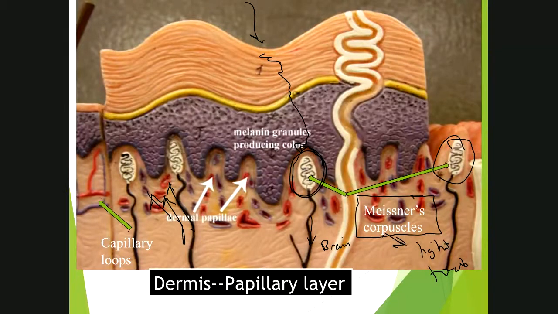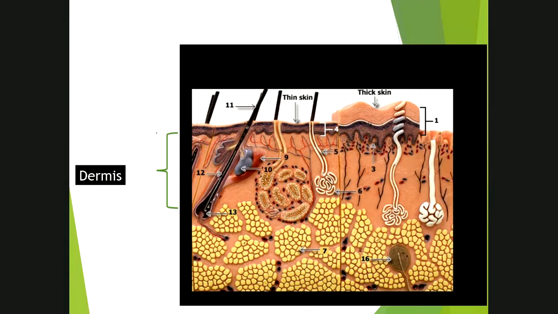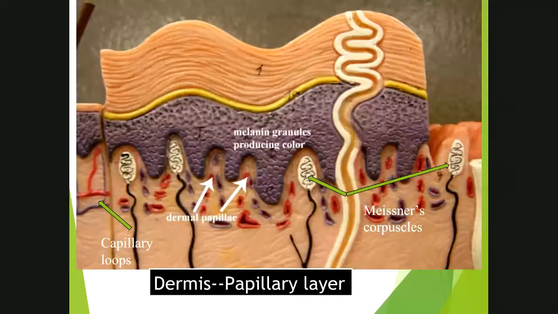Well, if we go back to this other picture, we have them all over our body, but they're in high concentrations in places like our fingertips. And so in our fingertips, which are very sensitive, we have tons of these things. So these are Meissner's corpuscles.